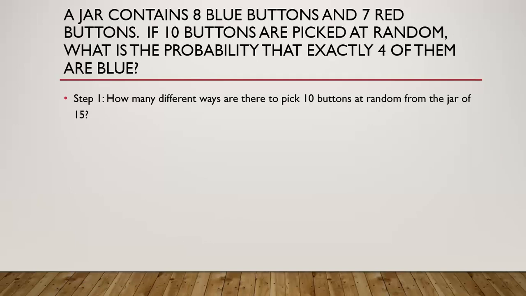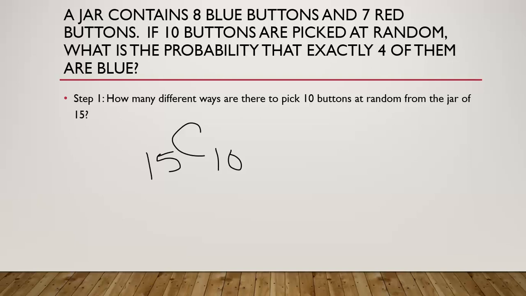Let's try one more. A jar contains 8 blue buttons and 7 red buttons. If 10 buttons are picked at random, what is the probability that exactly 4 of them are blue? So first we have to figure out how many ways we can pick 10 buttons from the original jar that has 15.